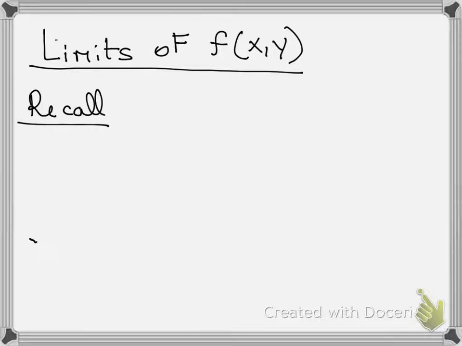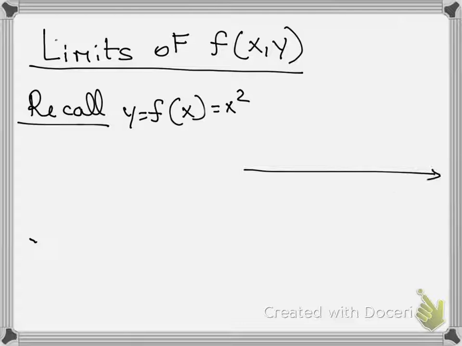If you have a function of a single variable, let's say f of x is equal to x squared, for example, what will be the limit here? So here's my x-axis. Let's say a is equal to 1.